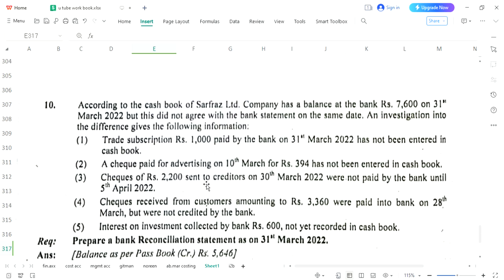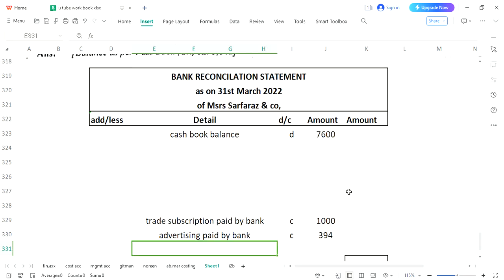Checks of rupees 2200 sent to creditors. Sent to creditors means issued, and under issued we will see unpresented checks. So checks of 2200 sent to creditors were not paid by the bank until 5th April. Our last date was March. It means issued to creditors but not paid. We do know that when checks are issued but unpaid, uncashed, it should be debited under the rules.